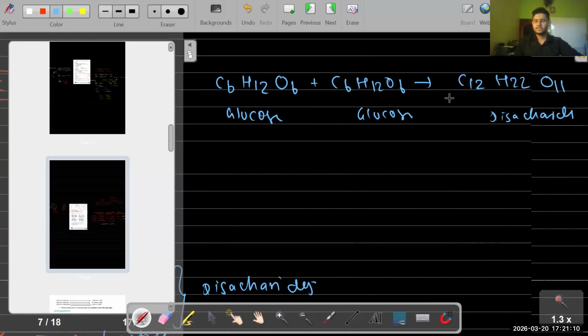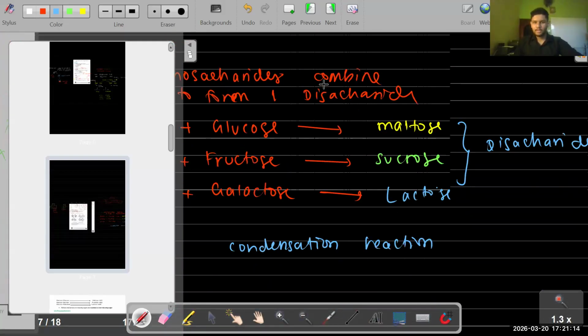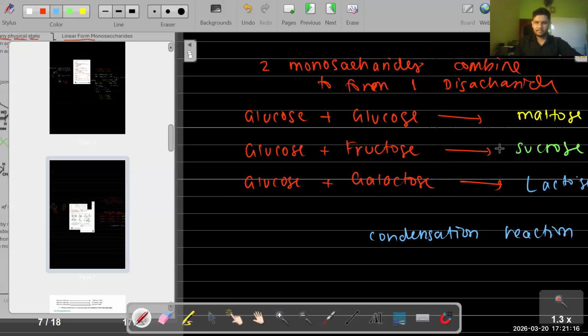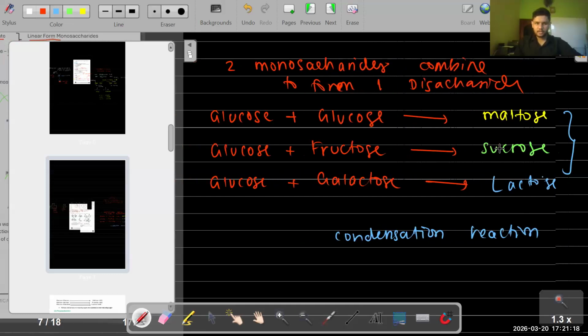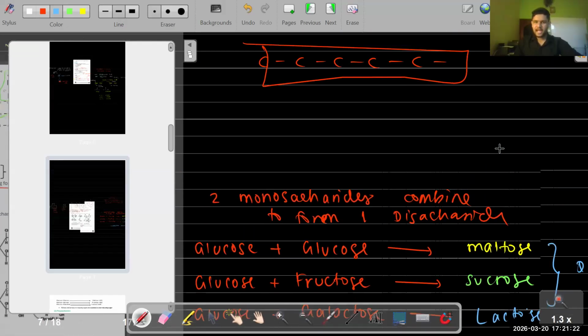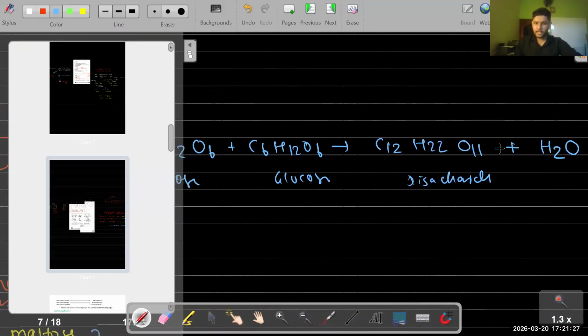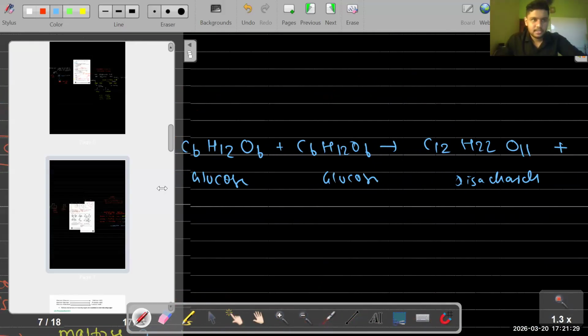Water. Now while we studied here, did we identify any water being produced? No. But actually, in the chemical aspect, we can find that water is produced.